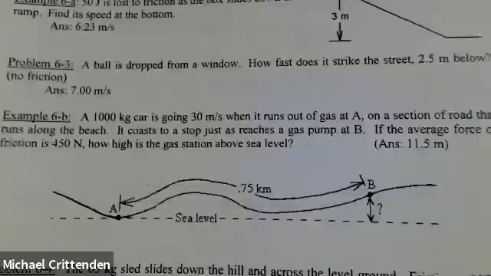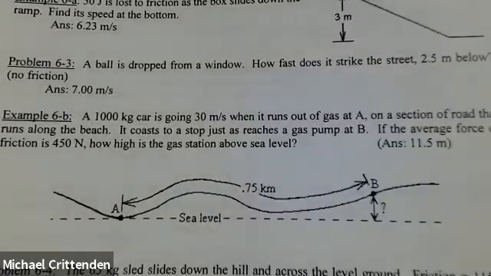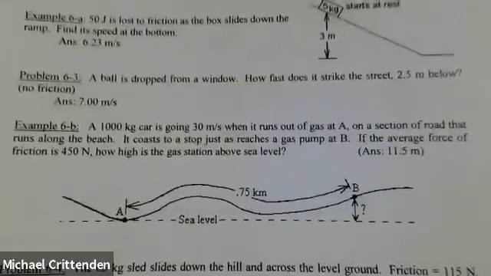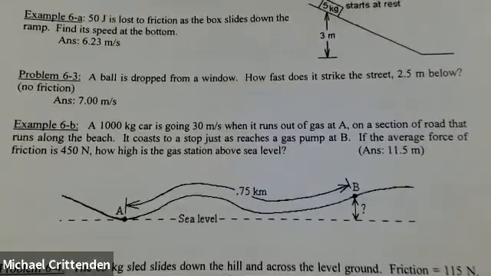More examples. Now, that one that I just went through, number 3, you might look at that and say to yourself, well, we could have done that one the first week. All you have to do is say V final squared equals V initial squared plus 2a delta x. And you're right. It could have been done that way.